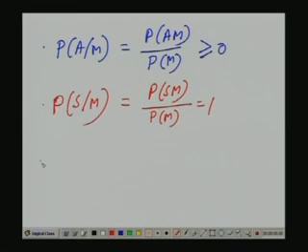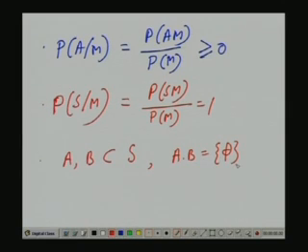And now consider axiom number 3. Suppose A, B are two events, that is, two subsets of the total event S, and they are mutually exclusive: A ∩ B is phi.